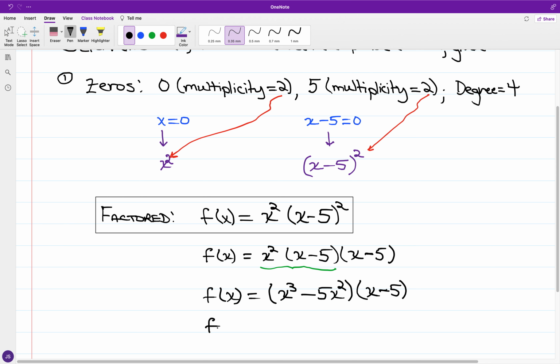In the case of FOILing out, the first product is x cubed times x, so this would be x to the fourth. The outside product is minus 5x cubed. The inside product is another negative 5x cubed. And for the last product, a negative times a negative is a positive, in this case 25x squared.